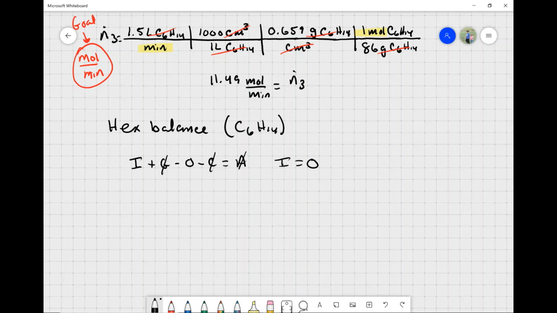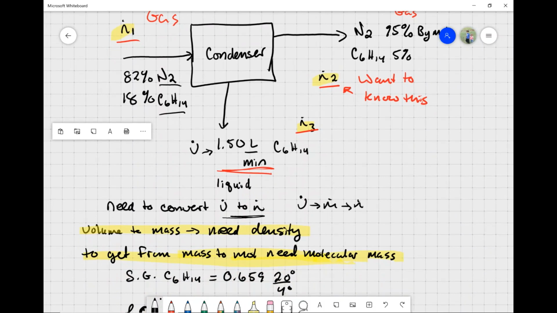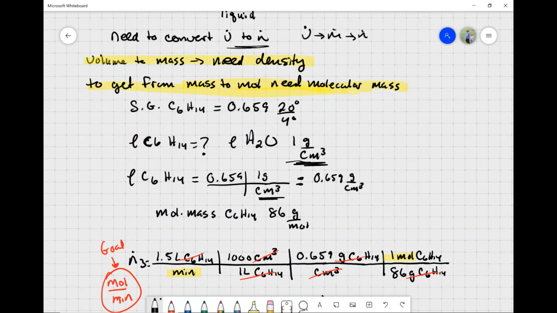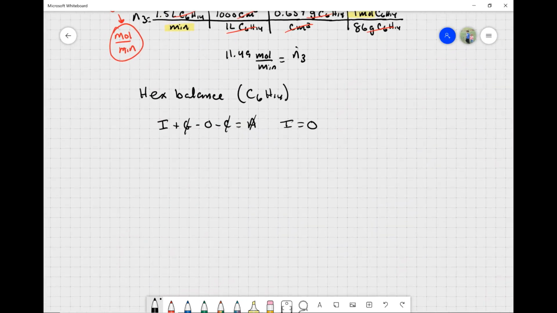So we're going to say we had N1, and N1 was 18% hexane. I'm sorry, it lagged. There we go. So it was 0.1 N1.